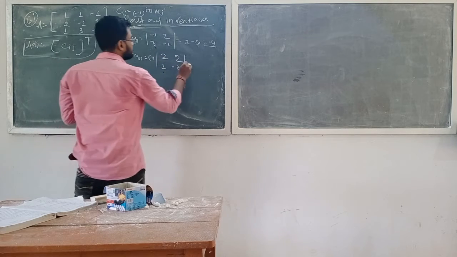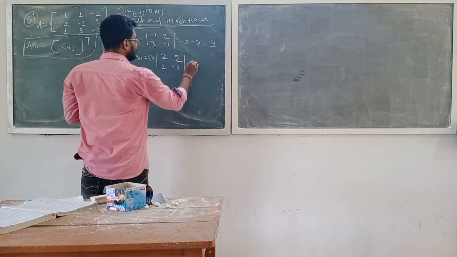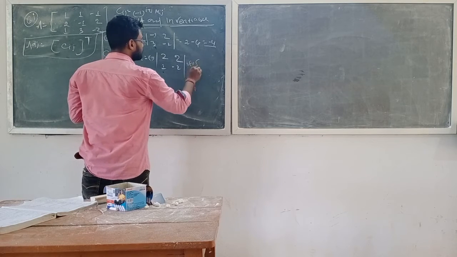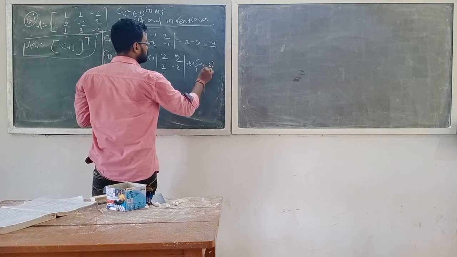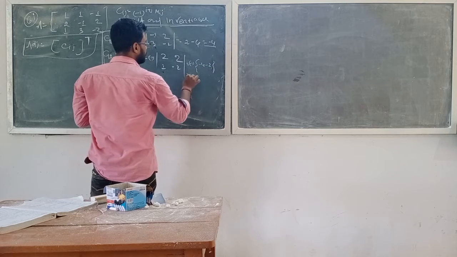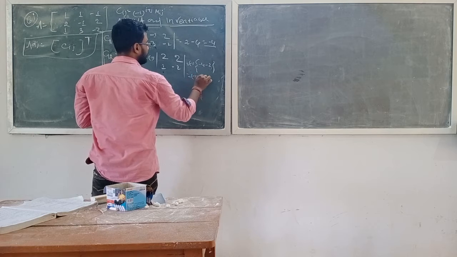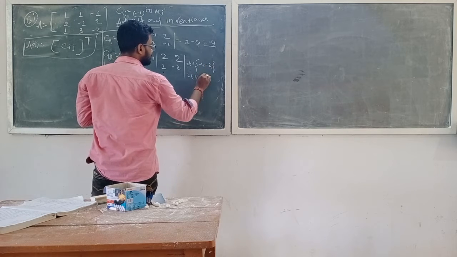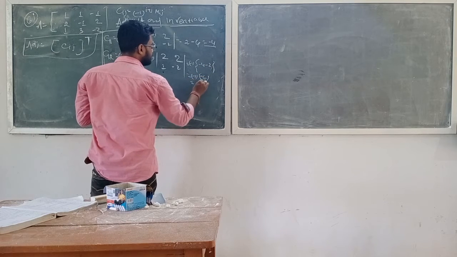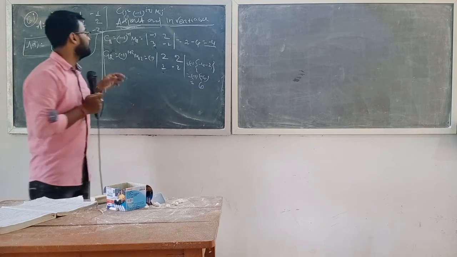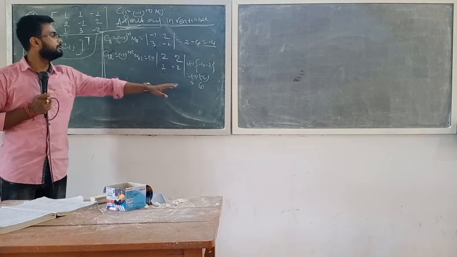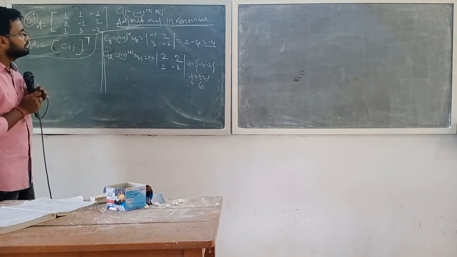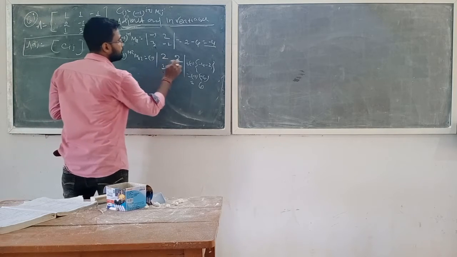Then you solve like this: minus 1 into minus 4 minus 2, that is minus 1 into minus 6. So M12 is minus 6, so that C12 is 6.